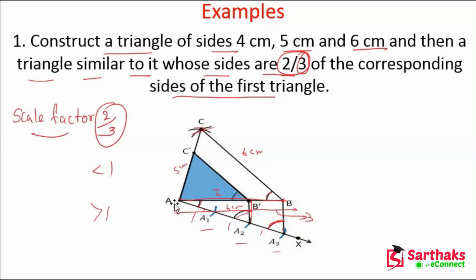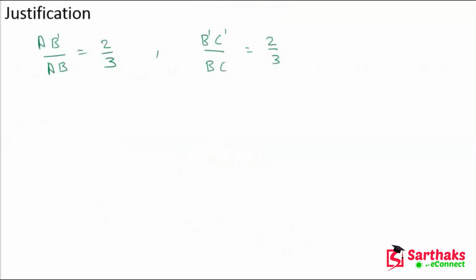And now we have to see AC dash upon AC, which is also equal to 2 upon 3. So from this construction we get B dash C dash parallel to BC.